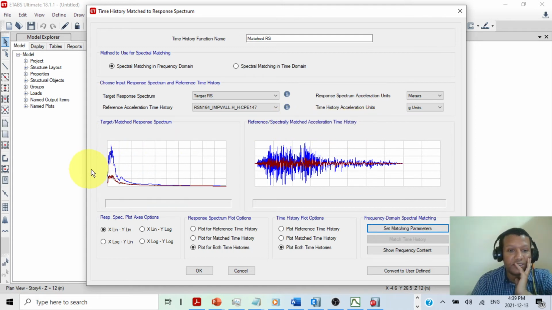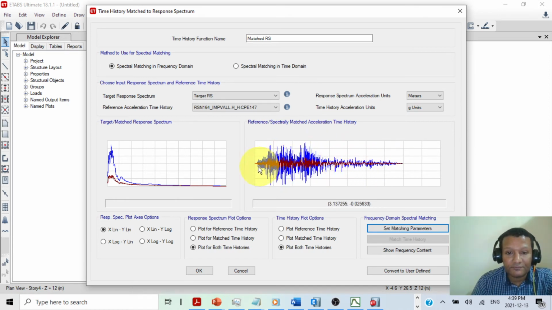The first one was here, but the matched one is here because it's very high. So in this way, this one is also used. If you want, you can bring another also. So it is already matched. So spectral matched acceleration, when it is matched already, it goes down.